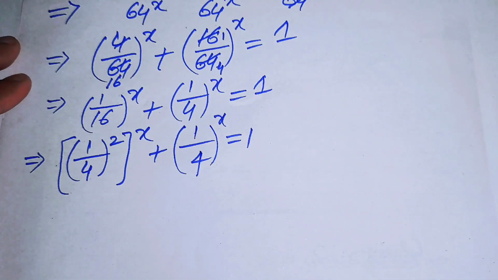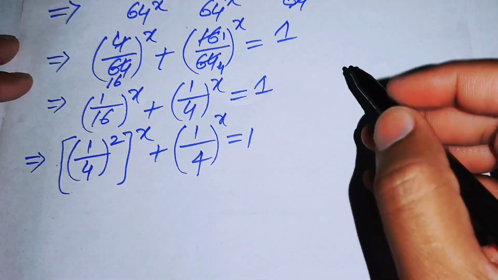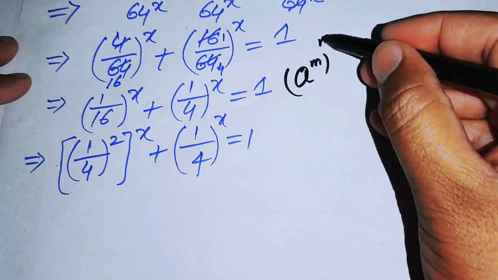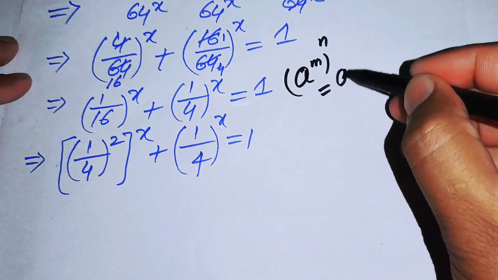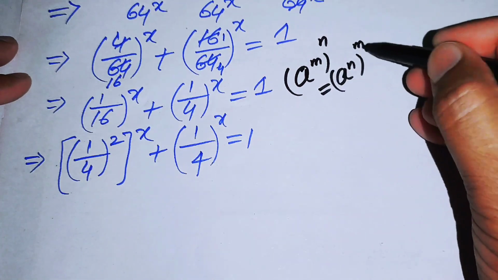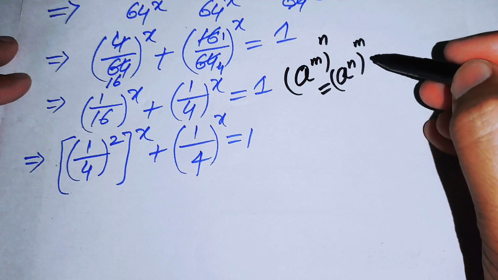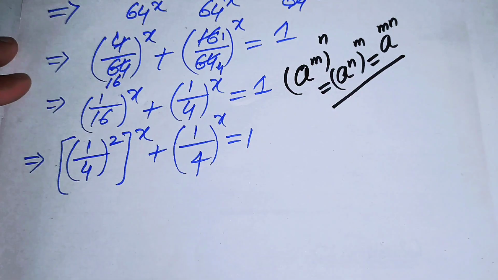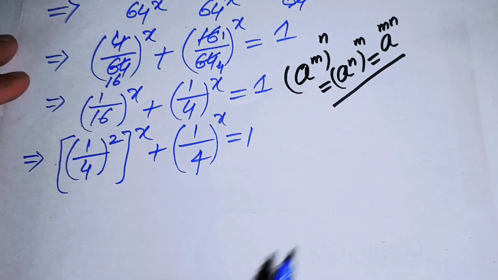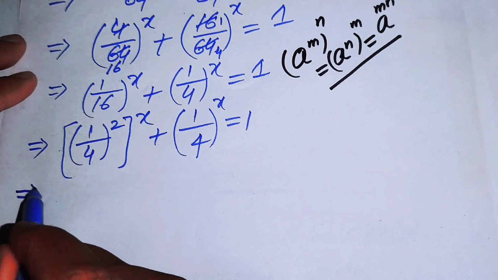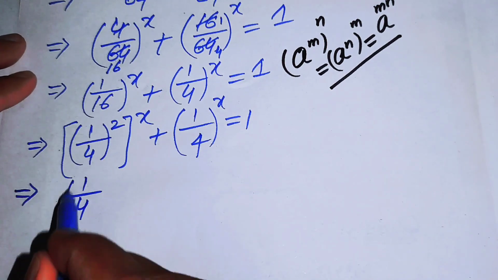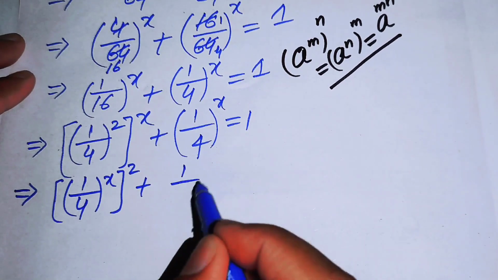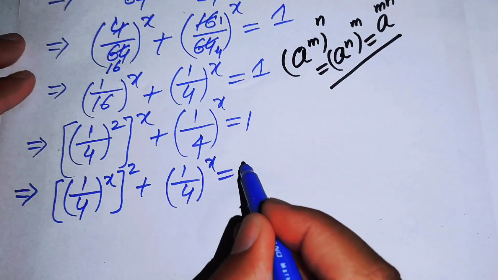Then we apply the famous exponential law: if we have a to the power of m to the power of n, it equals a to the power of m times n. So we can interchange these two exponents and get (1 over 4 to the power of x) squared plus 1 over 4 to the power of x is equal to 1.